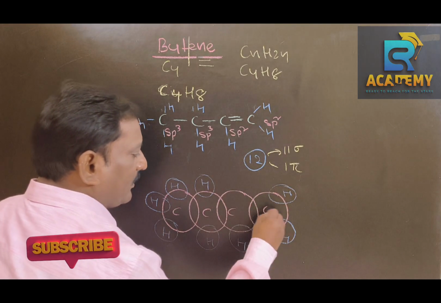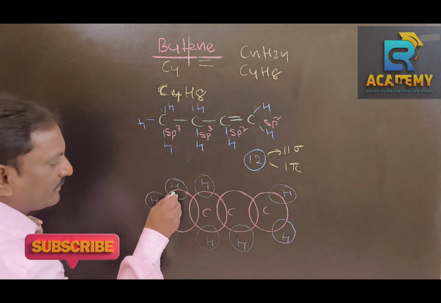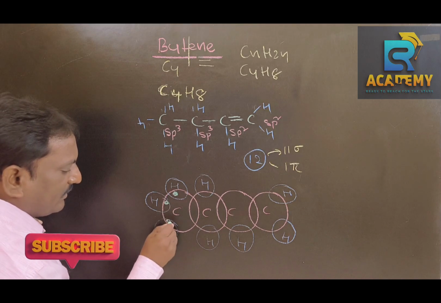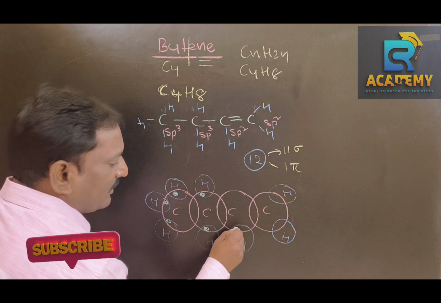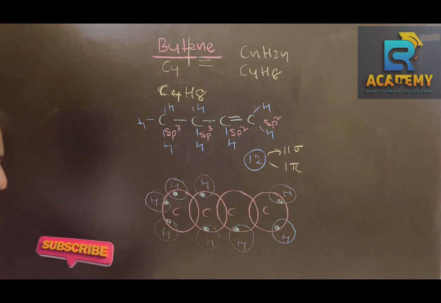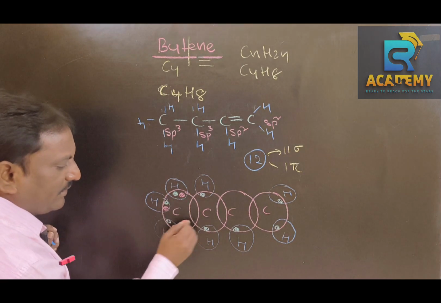Carbon, carbon, carbon, carbon. So Lewis dot structure of hydrogen: H dot for each hydrogen. Then what about carbon? Four unpaired electrons. 1, 2, 3, 4.